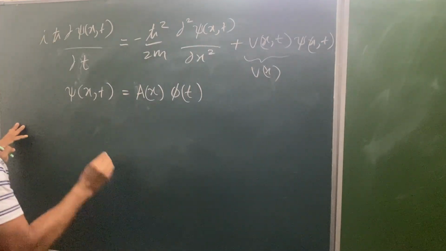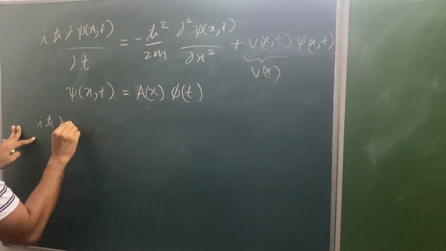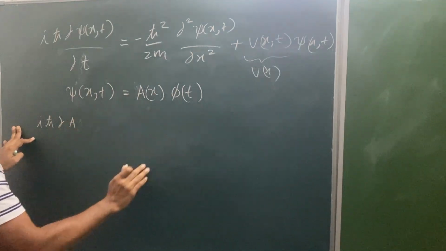Let's see. Right, so now here we have i h bar, and here ∂/∂t, and here a x. But it's pretty annoying if I write x and t.